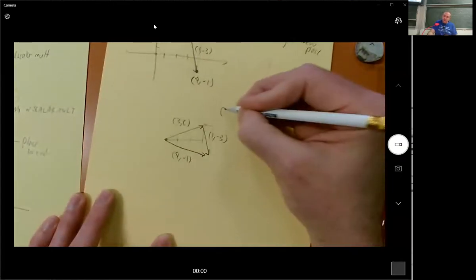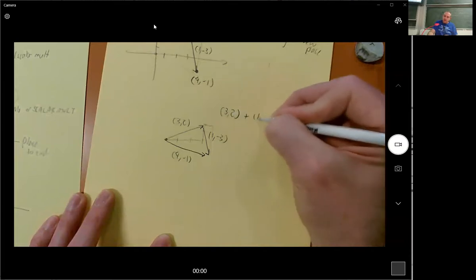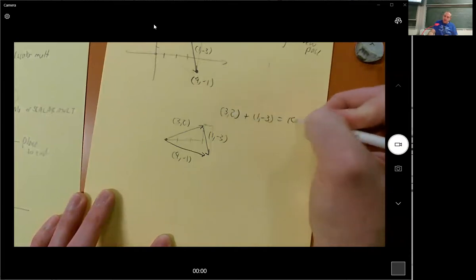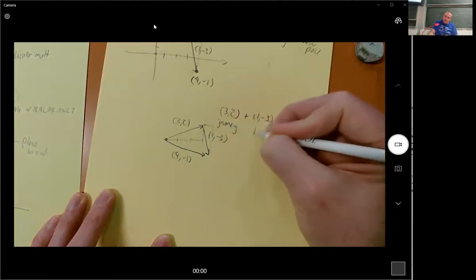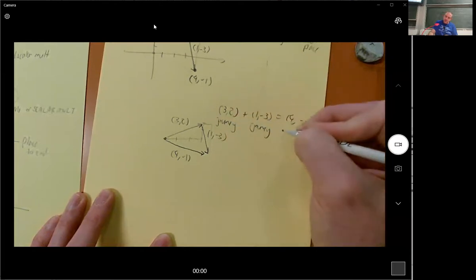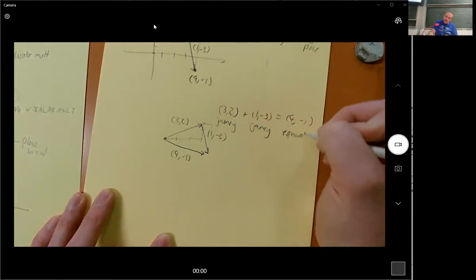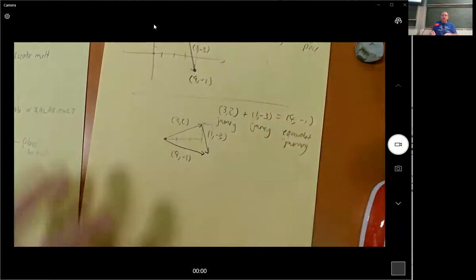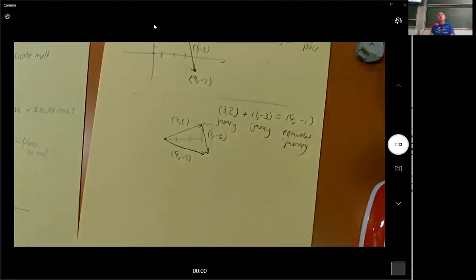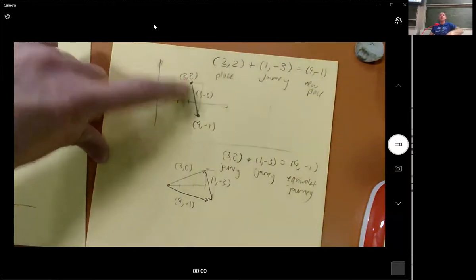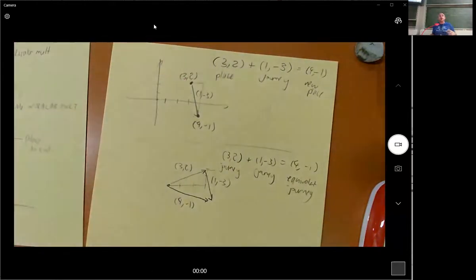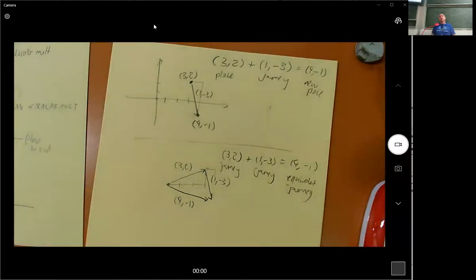So you could also think of it as 3, 2 plus 1 minus 3 is 4 minus 1, and this is a journey. This is another journey, and this is the equivalent journey. They're the two ways of thinking about what vector addition is doing. I find this one easier to process. Place plus journey is new place, but this one is sometimes helpful too.